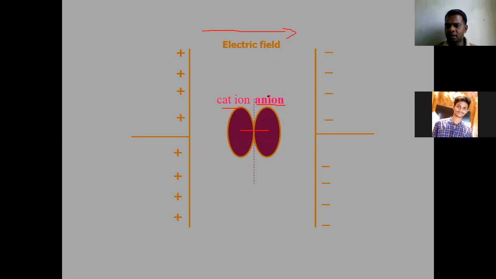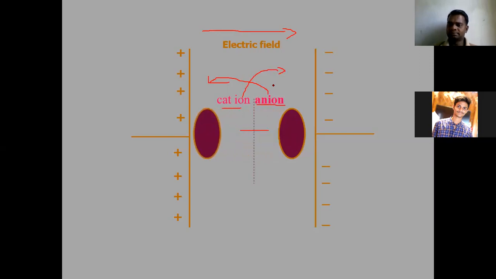The anion will move in this direction and the cations will move in the other direction. Now cations will move x1 distance, and anions move x2 distance from their initial position.